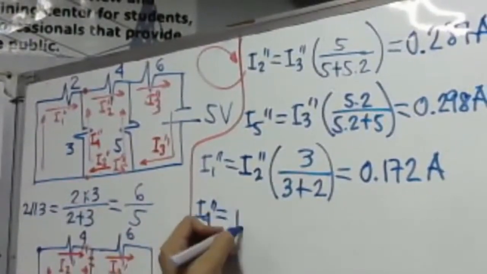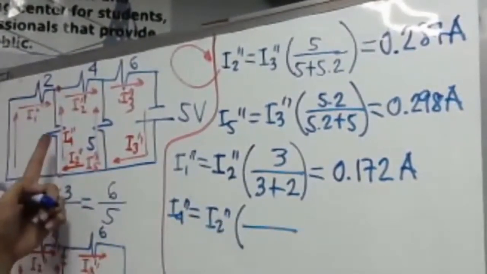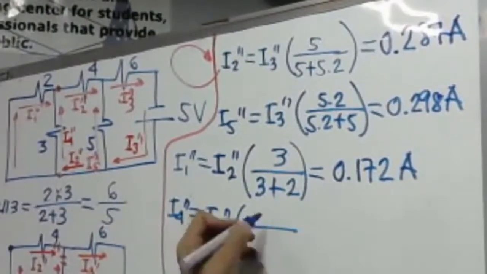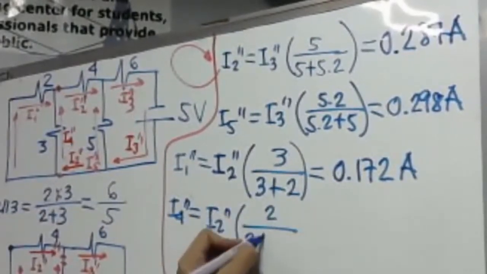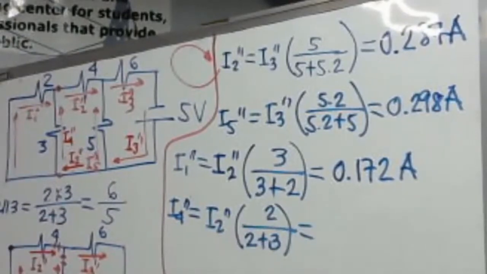Okay, last, we have here our I4 double prime. Again, that's equal to I2 double prime, then the opposite resistance of I4, 2, over 2 plus 3. Again, we have I2 double prime, which is 0.287 times 2 divided by 2 plus 3, which is 5.